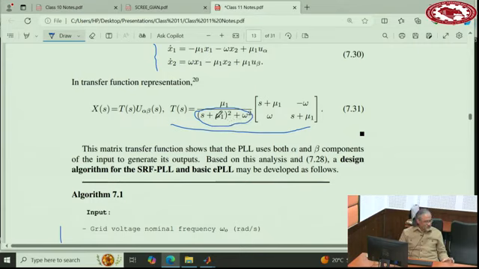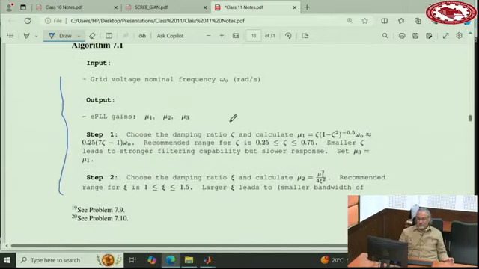So again, put that equation, correspond that equation to a standard second order system which has a zeta and omega n, damping ratio, and the natural frequency. And from there, find mu1. So find mu1 from this equation, can approximate that, and then mu2 and mu3 is equal to mu1.